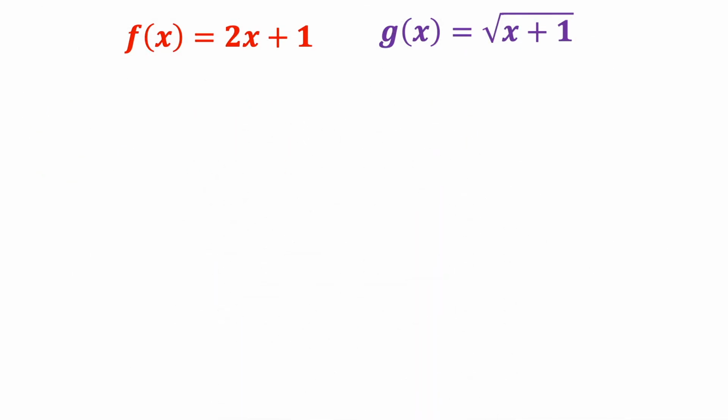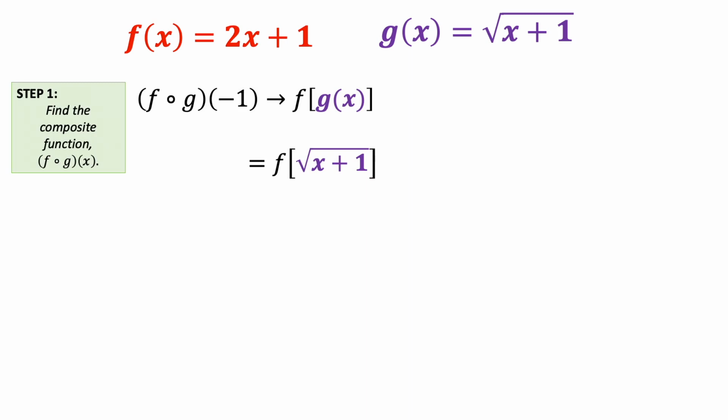To find f circle g of negative 1, we will follow the same procedure as in f circle g of 7. We will first solve for f circle g of x by plugging in the g of x to f of x.